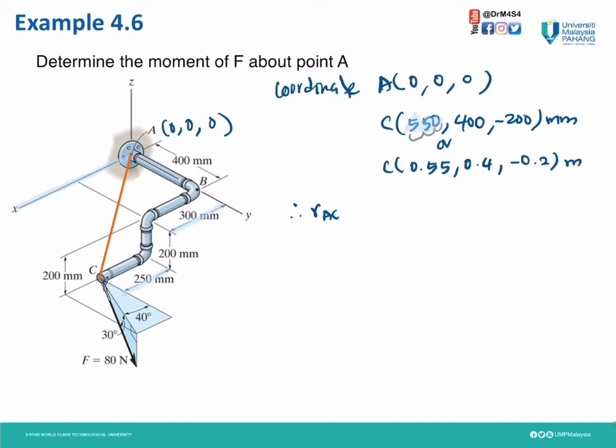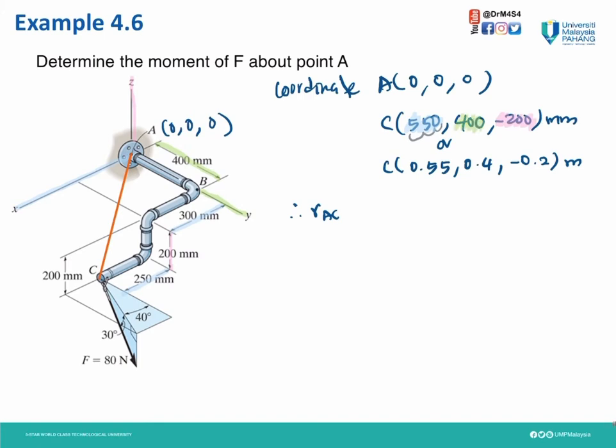Then on the y-axis is 400. Then for z, this is z positive, that means it's going down 200, therefore negative 200 on z.